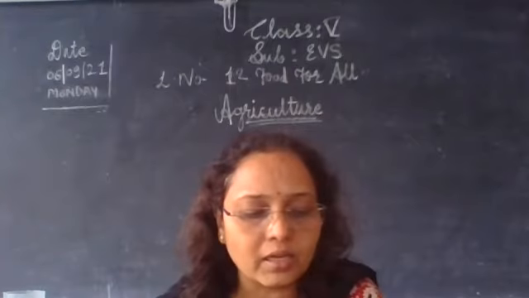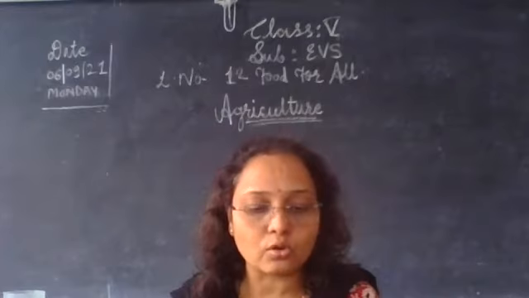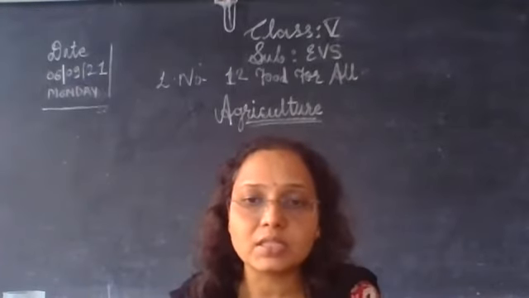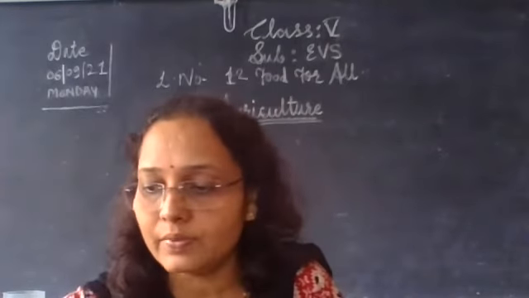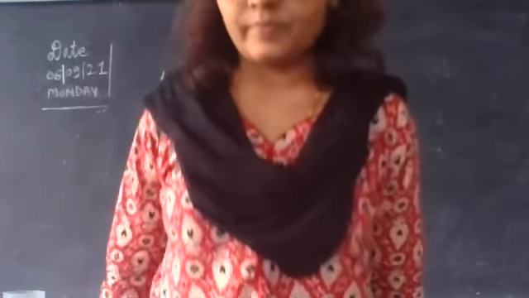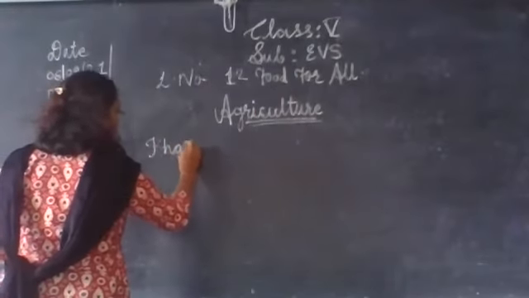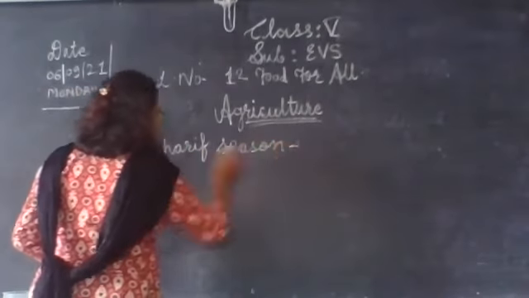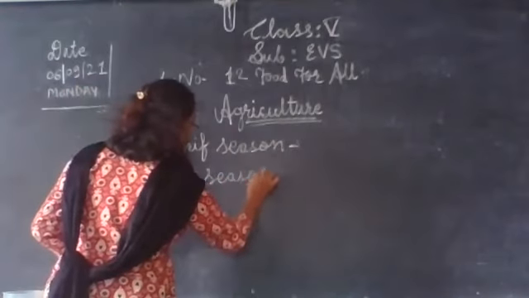There are two main agricultural seasons in our country. Basically, the season from June to October is called the Kharif season, and the season from October to March is the Rabi season. So let's write what the Kharif season and Rabi season mean.